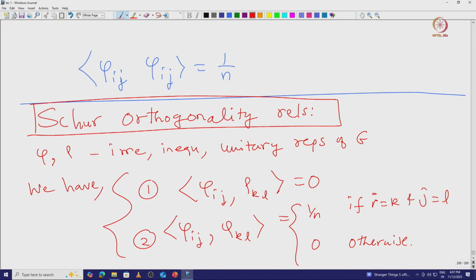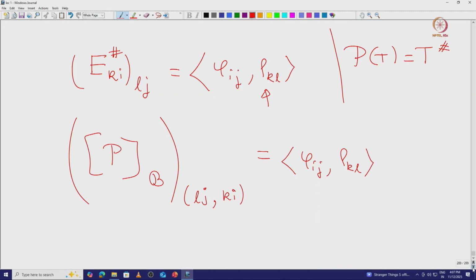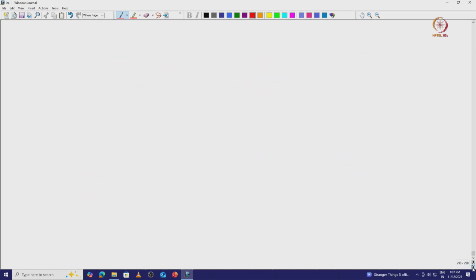Okay, so let us prove some of the important applications of this result. First of all, one can reprove the orthogonality of the irreducible characters using the orthogonality relations of matrix coefficients. Maybe I will leave that as an exercise to you.